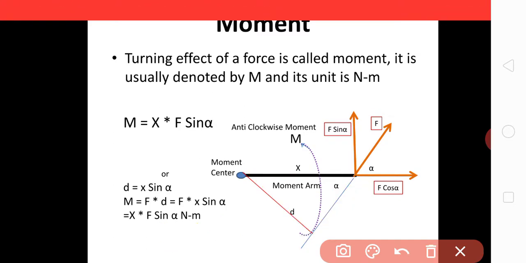So, by definition, M equal to F into X sine alpha, or M is equal to F into X sine alpha.